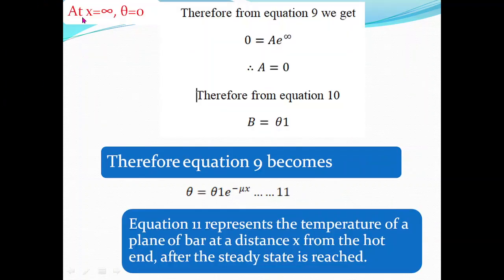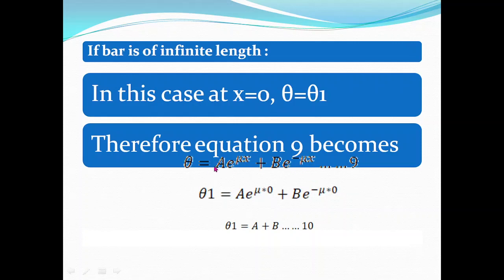The next boundary condition is at x equal to infinity, because we have considered the bar to be of infinite length. Up to the last end of the bar, heat cannot be conducted any more, and therefore its excess temperature is equal to 0. So equation 9 now becomes theta equals 0 and a into e raised to mu into infinity plus b into e raised to minus mu into infinity.